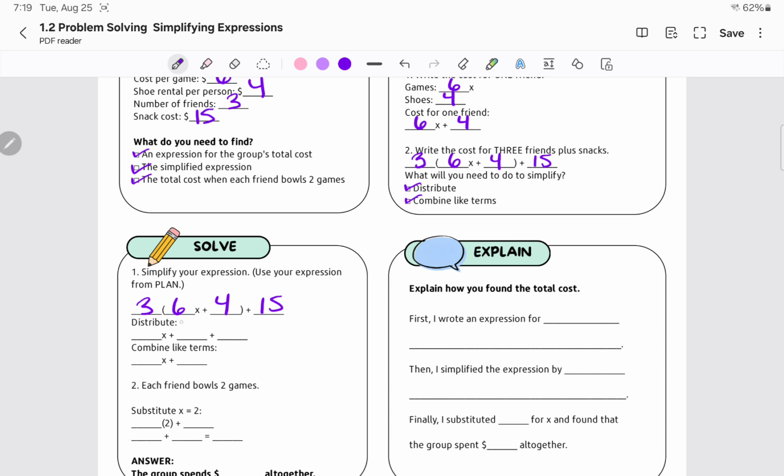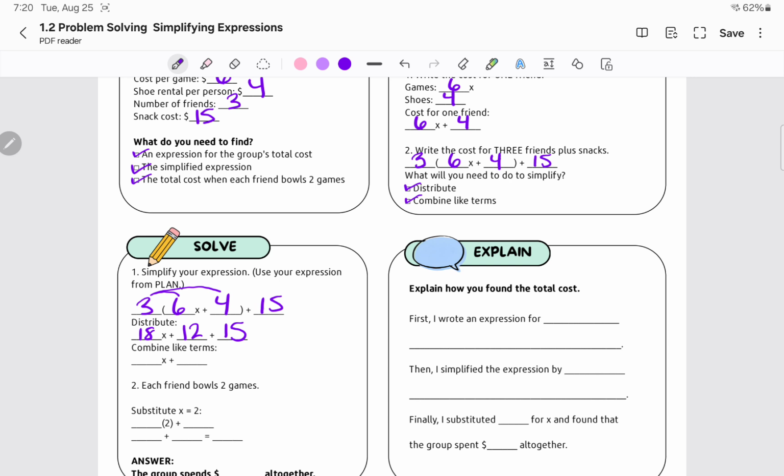All right, now I'm going to distribute. So I'm going to multiply 3 times 6x. That gives me 18x. And then 3 times 4 gives me 12. And then I have this plus 15 here, so I'm going to just bring that down. So I have 18x plus 12 plus 15. So I've distributed.